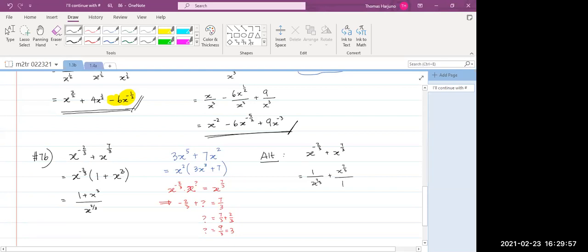And then you do LCD. So you multiply the second term by x to the 2/3 at the top and at the bottom, such that you have 1 over x to the 2/3 plus x cubed over x to the 2/3, and once they have the LCD, you put them together. So you still come up with the same answer.